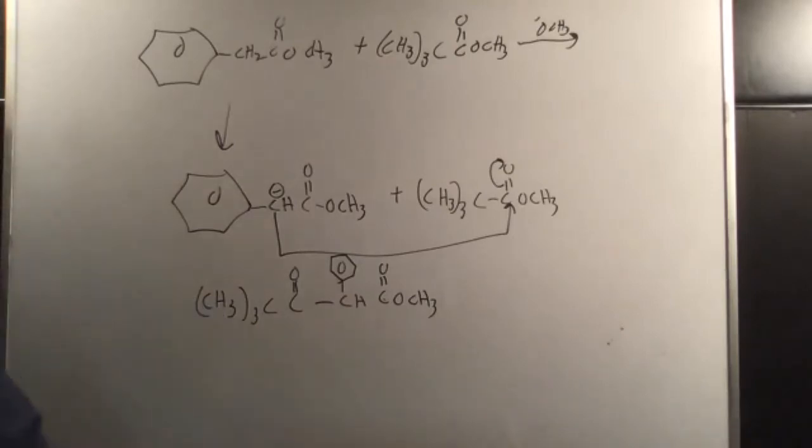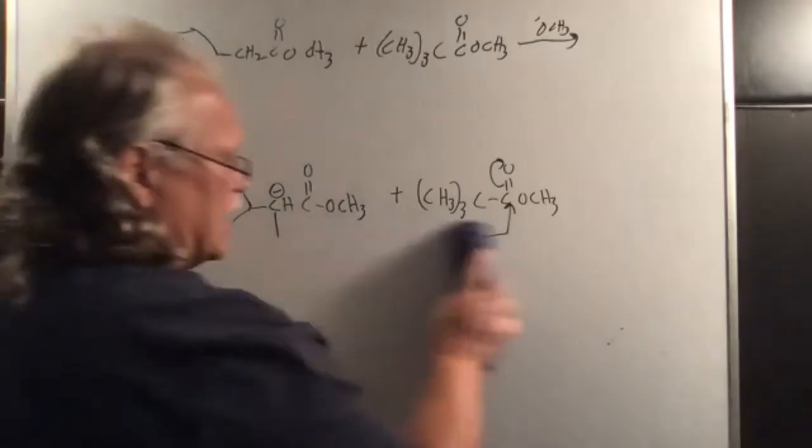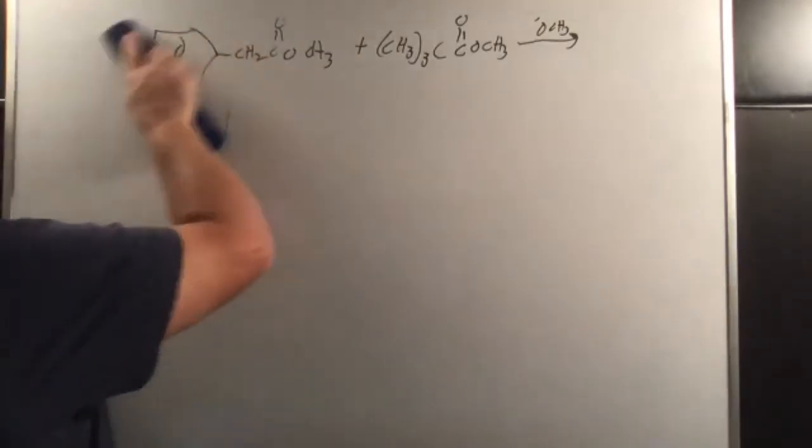Now we're going to look at one new reaction. So we've looked at the reaction of two ketones with each other, and we've looked at the reaction of two esters with each other. Now we're going to look at the reaction of a ketone with an ester.